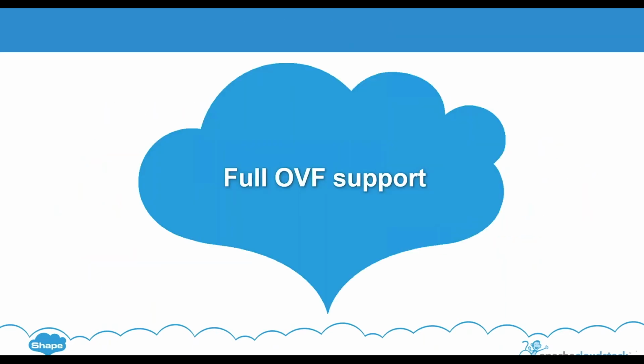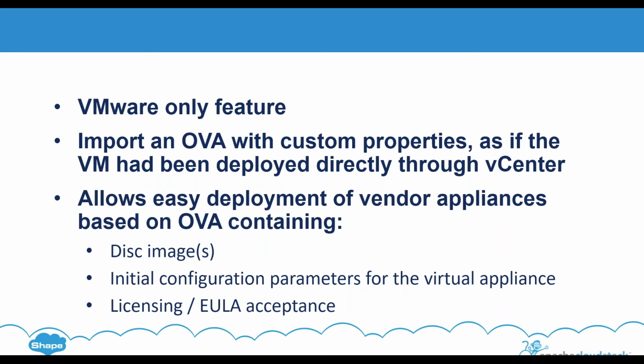So something that segues into this is what we've called full OVF support. If people are aware of this in VMware, usually known as appliances, but there are other normal virtual machines, servers or what have you, that would have extra properties, what Vsphere calls custom properties.